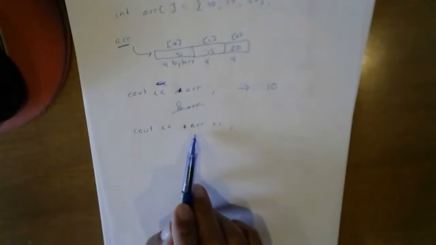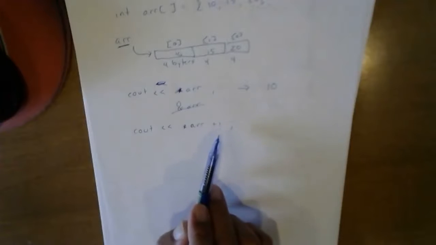Guessing the second number, which is 15. Does anybody think it might be something else? Would it be 11? Why do you think it would be 11, Matt? Because we just said that asterisk array is the first entry in the array, and we're not just adding 1 to that term.